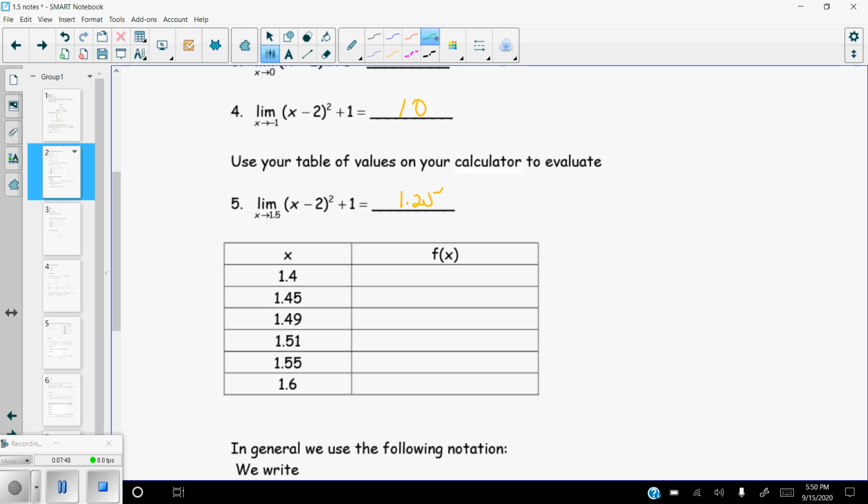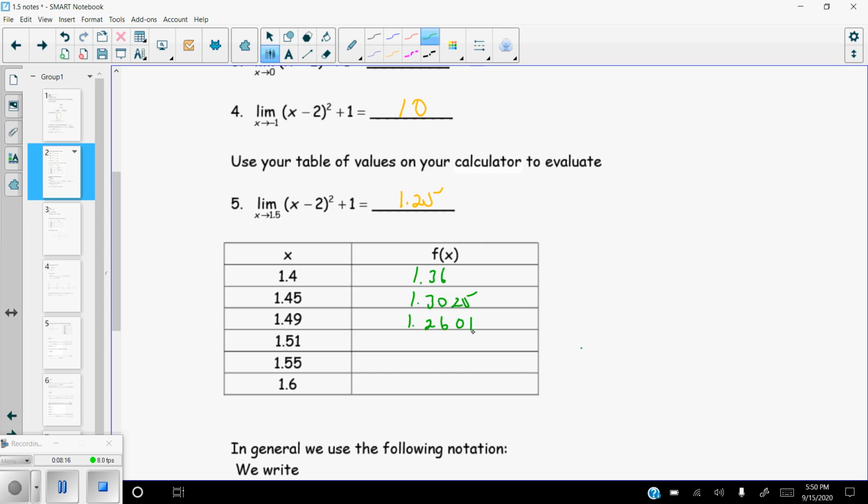So when I plug in 1.4 into the calculator, if you haven't already done so, you should get a result of 1.36. If I plug in 1.45, I'm going to get 1.3025. If I wrote that correctly, I think I did. And then if I plug in 1.49, I'm going to get 1.2601.